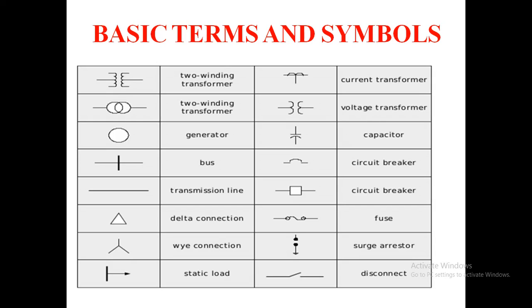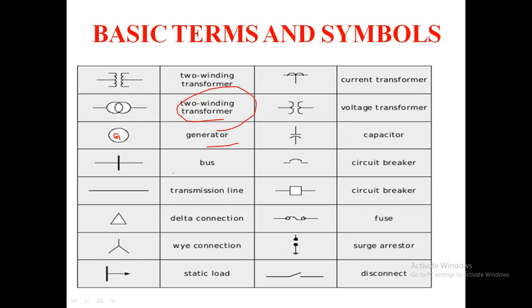We are all very familiar with some of the symbols used in electrical systems: transformer, generator, delta connection, star connection, transmission lines, fuse. The two winding transformer is represented like this, and it is also represented like this. The generator we all come across will be like this.